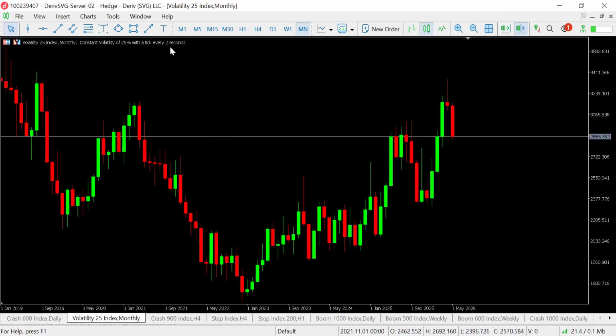From what we can see on this time frame, the market was initially giving us lower lows, lower high, lower low, lower high. It came all the way down to give us a lower low because it took out the most recent lower low, and then it gave us a lower high.